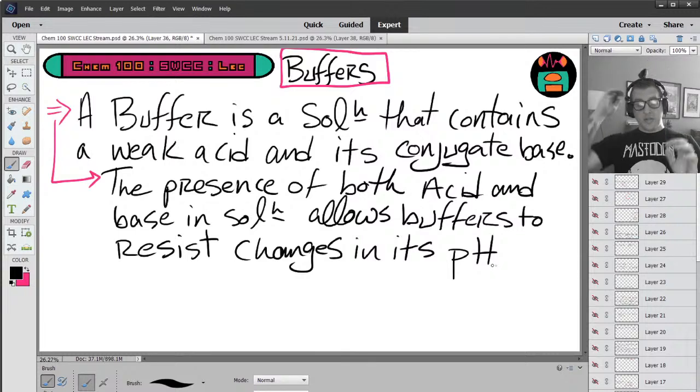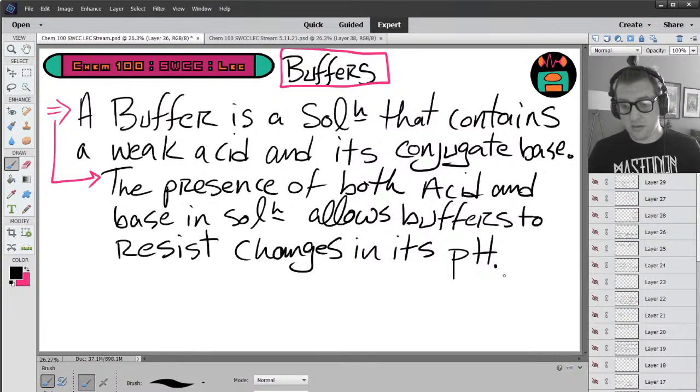All right, so what a buffer is, it's a solution that contains both a weak acid and its conjugate base. What a buffer does is it resists changes to its pH. Let's think about how.